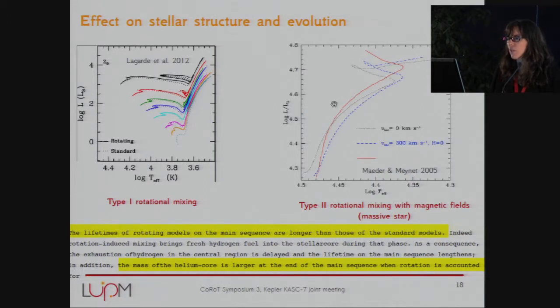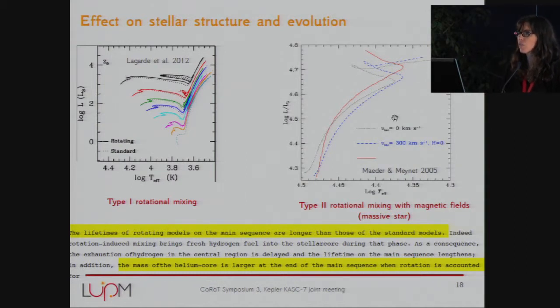When you include magnetic fields, which means type 2 rotational mixing, using this Tayler-Spruit instability, you also have, here as an illustration for massive stars, a very different evolutionary path on the main sequence, the red being the path for the magnetic and rotating star, and here the dotted line is the standard, and here is only rotation.